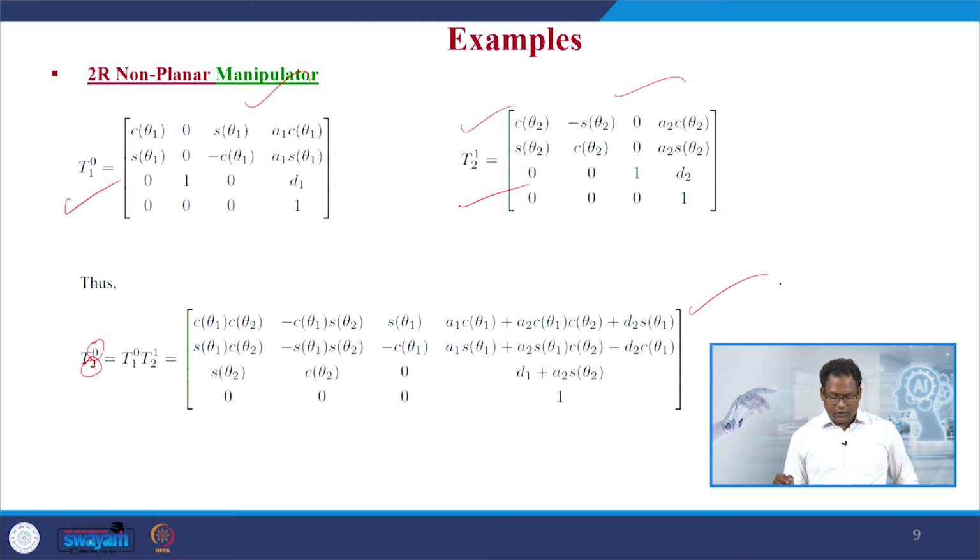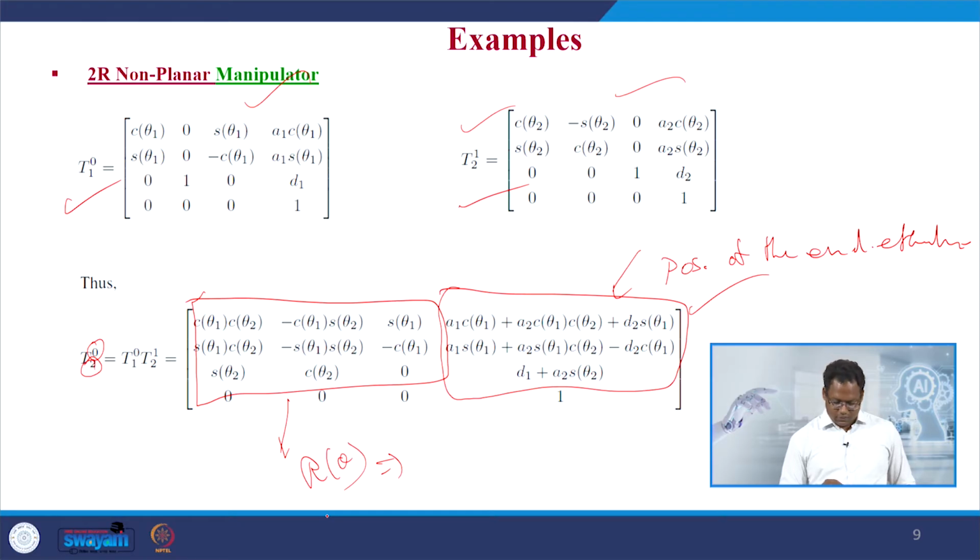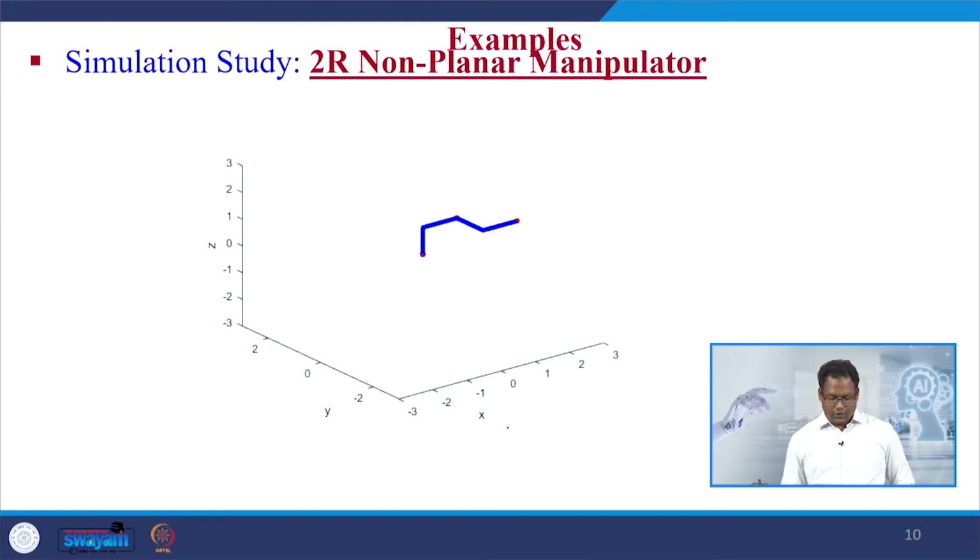And finally, we get this, from which we can say that the 3 elements of the last column represent the position of the end effector of the robot, and the 3 cross 3 rotational matrix will give the orientation of the end effector, where from the 3 cross 3 we can find alpha, beta and gamma of the end effector.